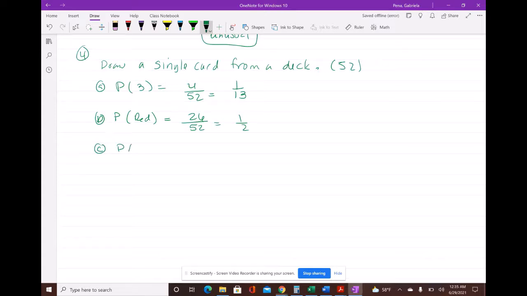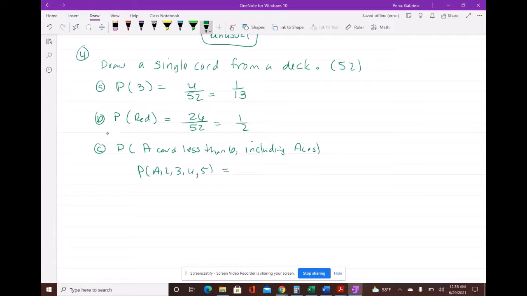What if I'm looking for the probability of a card less than 6, including aces? This would mean the probability of getting the ace, the 2, the 3, the 4, and the 5.